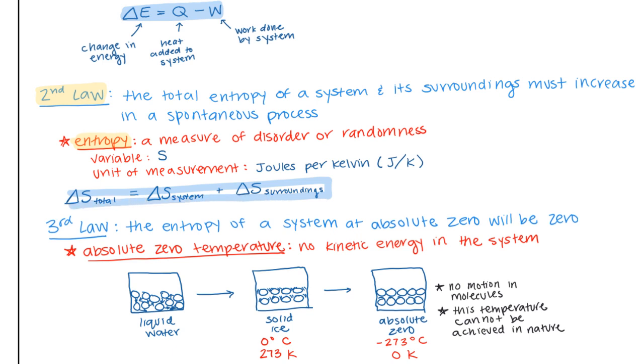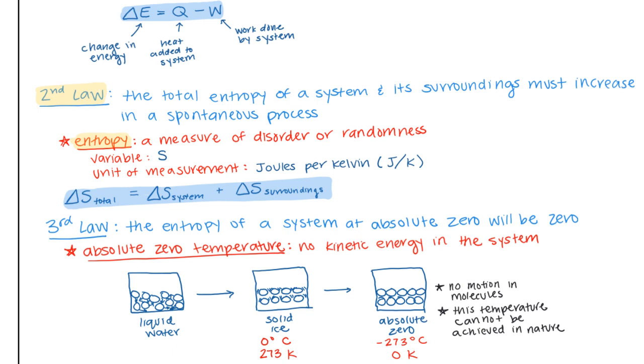Again, our total entropy, the total change in entropy of a system and its surroundings, is simply the sum of the system and its surroundings. So it's a very simple equation, just adding two numbers together to get our total entropy.